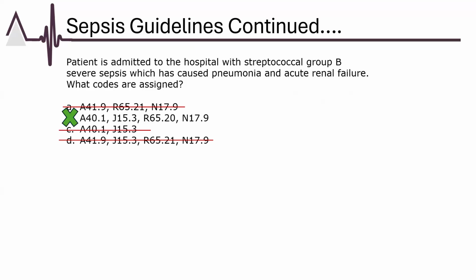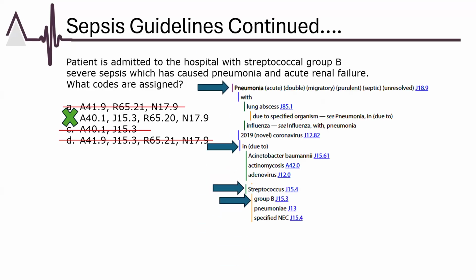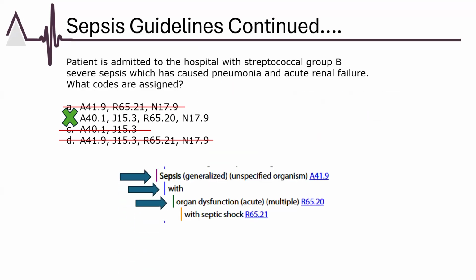The localized infection in our case is pneumonia and can be found in the alphabetic index by looking for pneumonia in or due to Streptococcus Group B, which directs the coder to J15.3. To locate the code for sepsis, look for sepsis, severe, which directs the coder to R65.21.